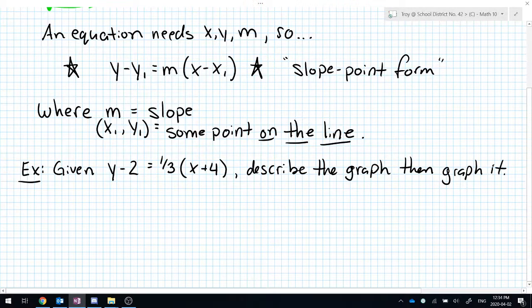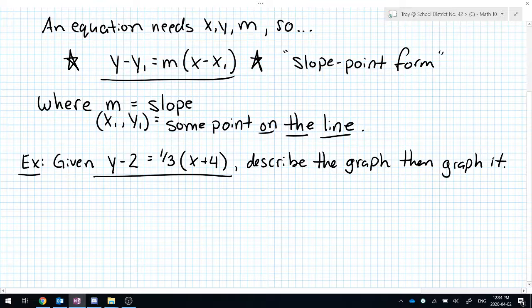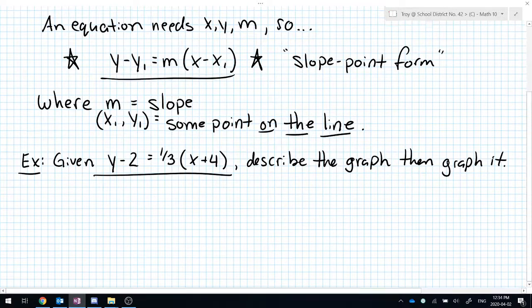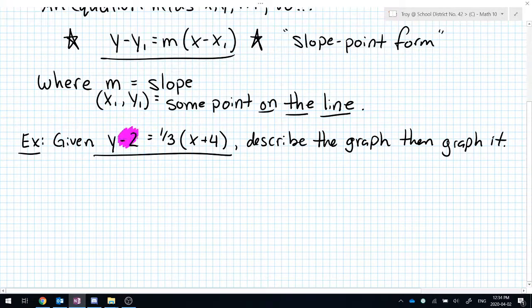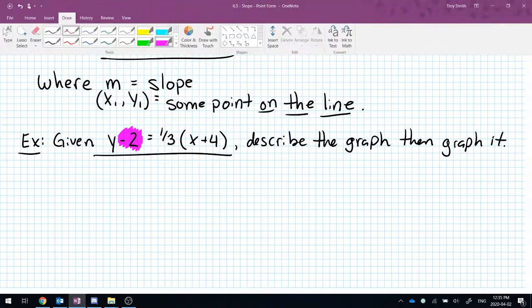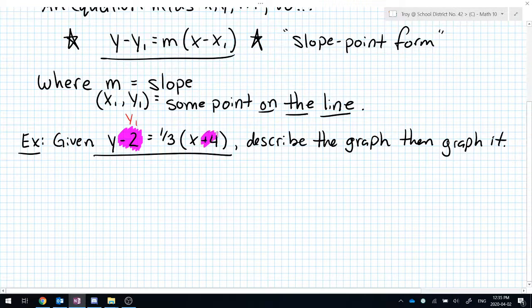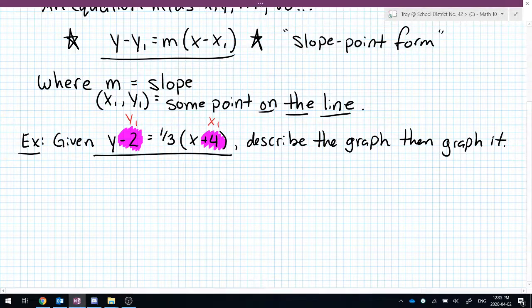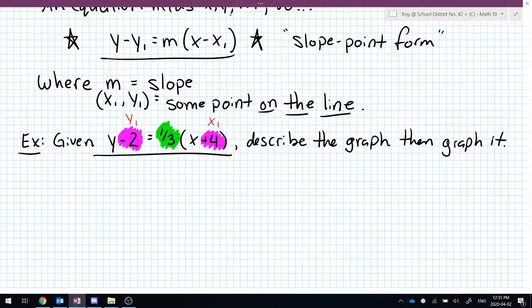If we take a look at this equation, it matches perfectly with the format that we see in slope point form. So just to be clear, that minus 2 is y1, this plus 4 is x1, and this 1/3 is our slope. That's m.